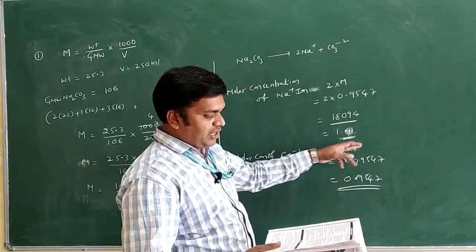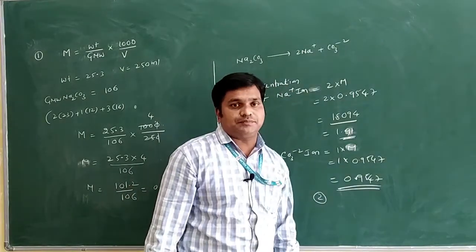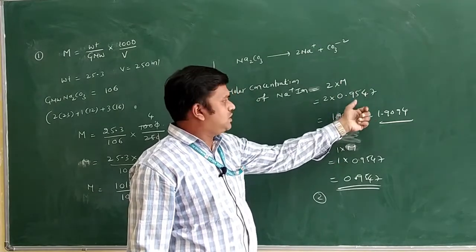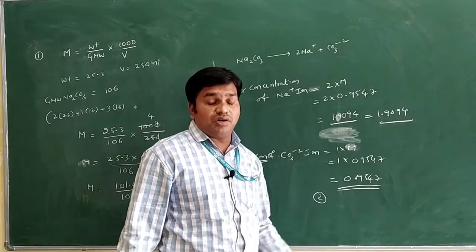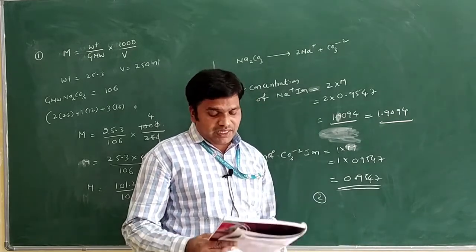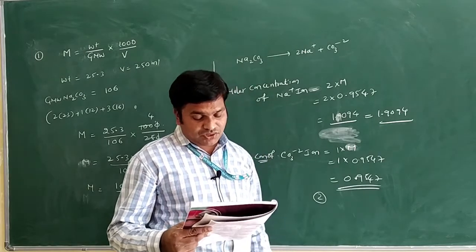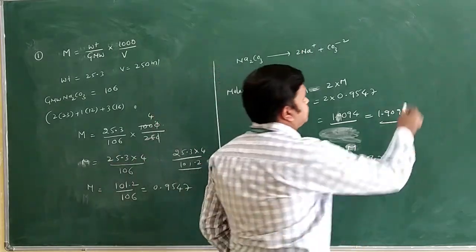And the other is 1.91. What is the answer you will take? The answer is option 2 for this question. See once here, when you multiply, not 1.8, you will get 1.9, that is 1.9094, and 0.9547, which approximately you take as 0.955. That is the answer. So I already wrote option 2 here for this question.